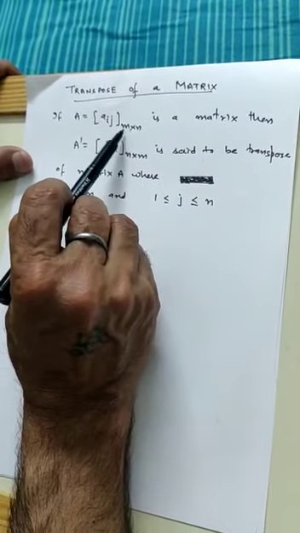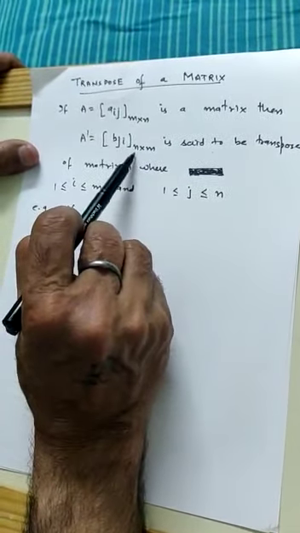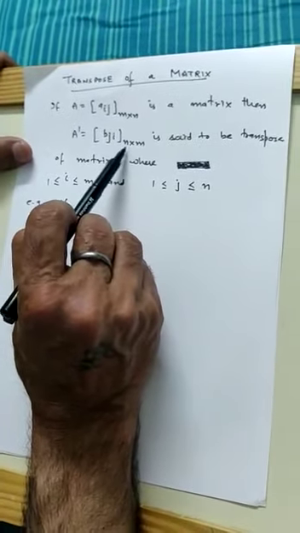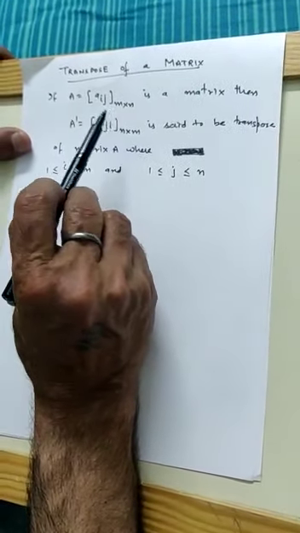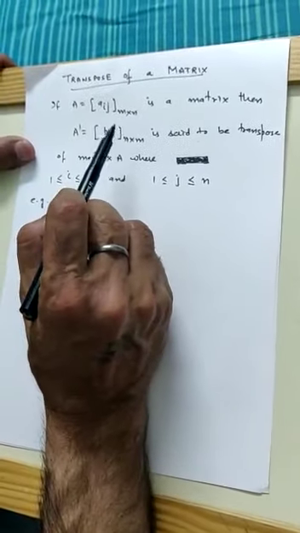Here m is the number of rows in A, and in the transpose of matrix A, n is the number of rows. I have converted rows into columns and columns into rows.